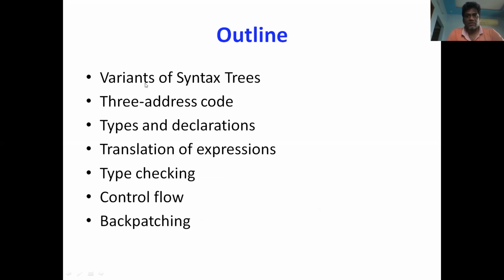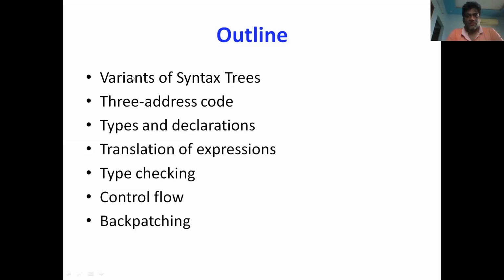We will start with various ways of representing the intermediate codes. We'll go through the first possibility as syntax trees and the variants of syntax trees, and then we discuss several types of three address code representations.